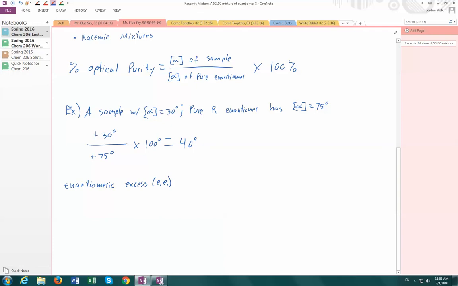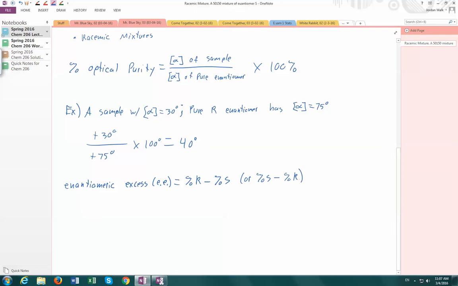We're going to figure out how good it is, right? If it makes 90% R versus 10% S, that's better than racemic, and so we describe it using enantiomeric excess. And so what enantiomeric excess is, it's simply going to be the percent R minus the percent S, or you could go the other way. You could say percent S minus percent R. Depends on which enantiomer you're talking about.